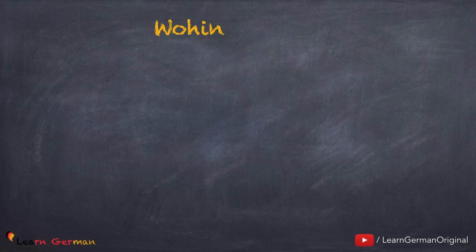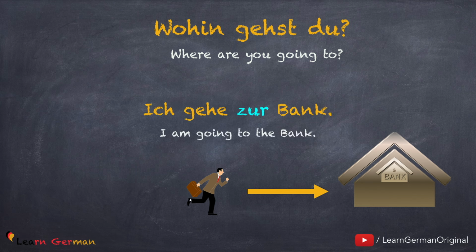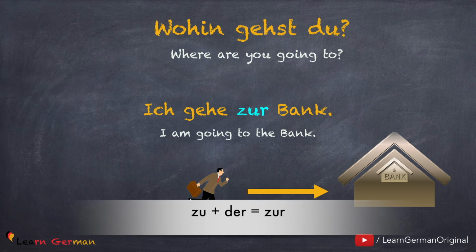For some buildings, you don't always use in. For example, here you would say Ich gehe zur Bank. Here the preposition zu will take the dative article because it's a dative preposition. If you want to revise prepositions in dative, you can watch our video on the same.